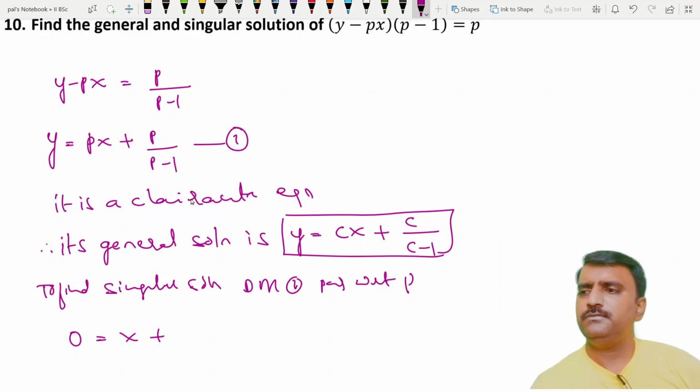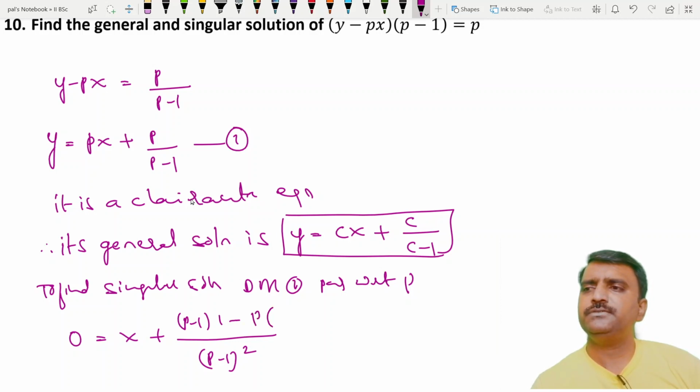So now, it is x plus, I'm using the quotient rule here. This is the denominator square, that is p minus 1 whole square. P minus 1 into differentiation of p is 1, minus p into differentiation of p minus 1 is 1.